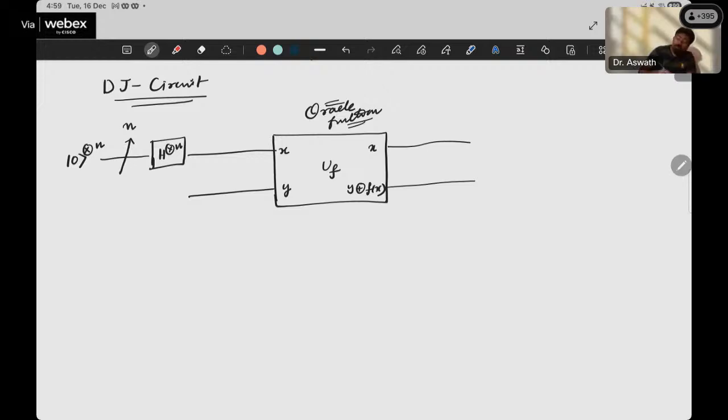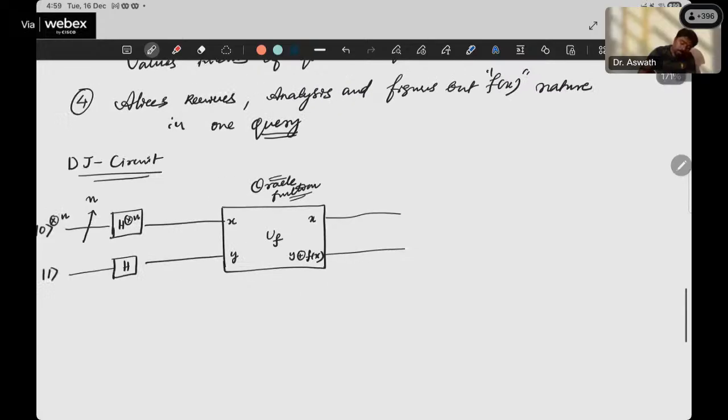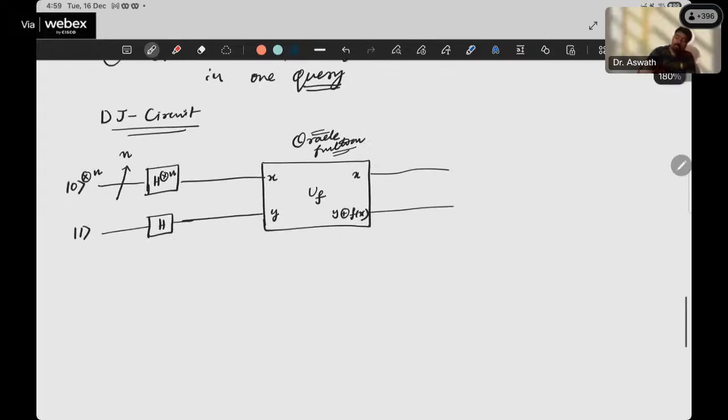Now, when it comes to the ancilla, I start the ancilla with 1 and I use one Hadamard here. Now, at the query part, I will also use the same number of Hadamards.